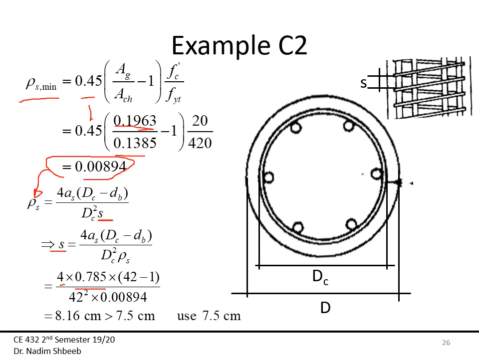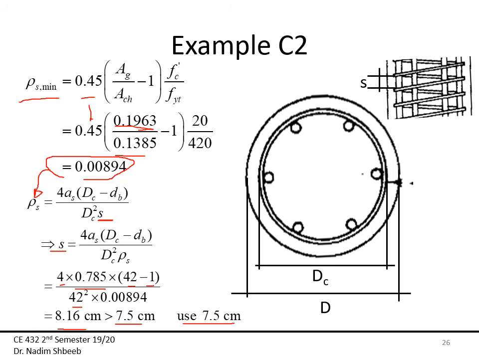So it's going to be 0.785 times dc, which was 42, minus 1. Then divide that by 42 square, and this gives me a value of 8.16 centimeters, which is more than 7.5 centimeters. So I have to use 7.5 centimeters.